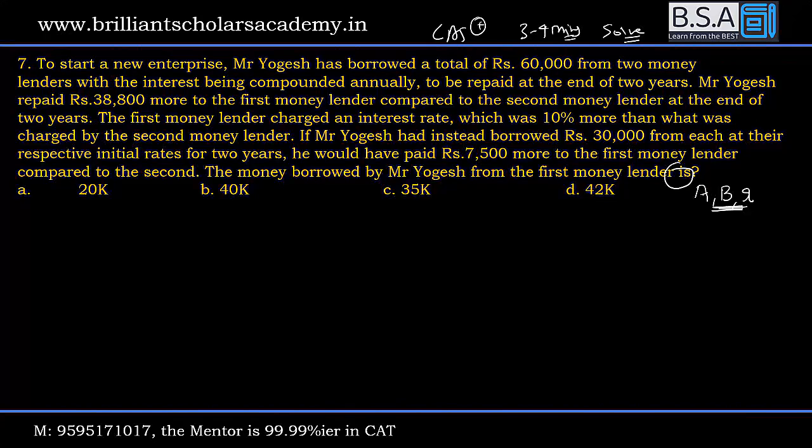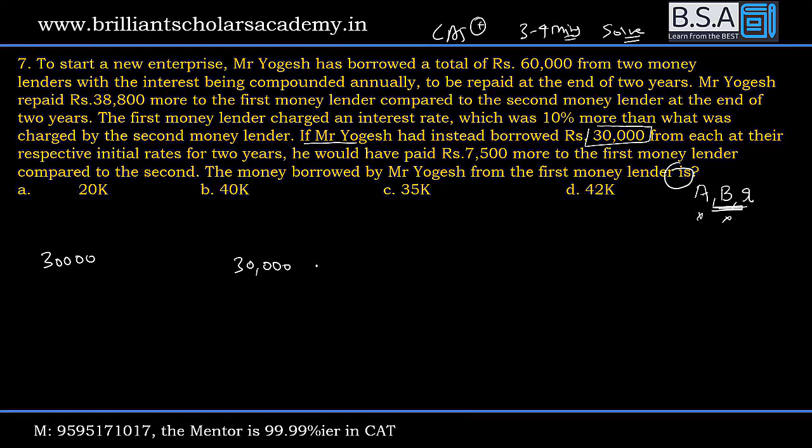I'm starting with this question in the reverse order, because here it says Mr. Yogesh takes an equal sum of 30,000 from both, so A and B are both cancelled. The first lender gives 30,000 to Mr. Yogesh, the second one also gives 30,000, and there's a 10% gap.